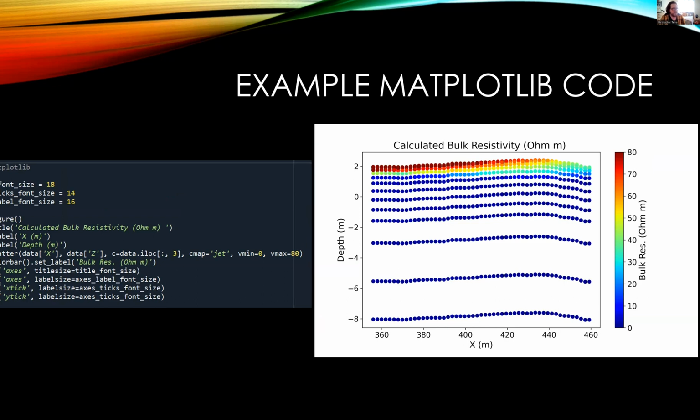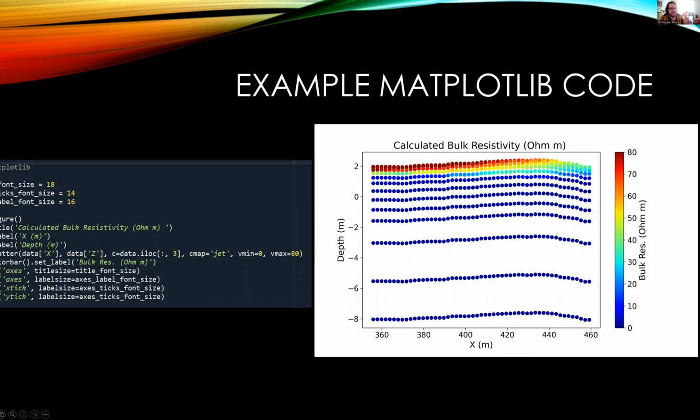In the Google Drive link that I shared, there's an example code to run you through importing some data, plotting it in matplotlib, and then plotting it in Seaborn. This is just the matplotlib snippet of that.